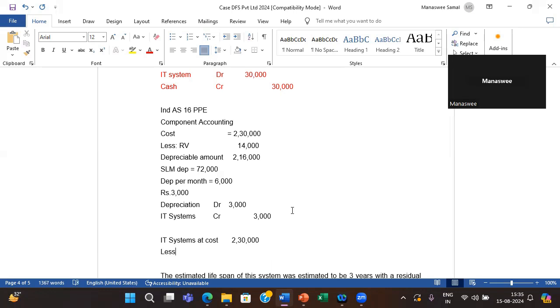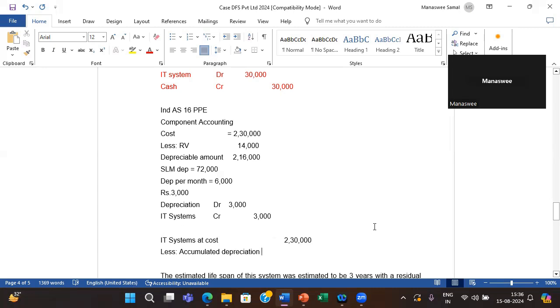Less, I have to put something called accumulated depreciation. Let me put the way the disclosure ought to be made. So at cost, instead of writing IT systems at cost, you may use the words gross value, 2 lakh 30,000.